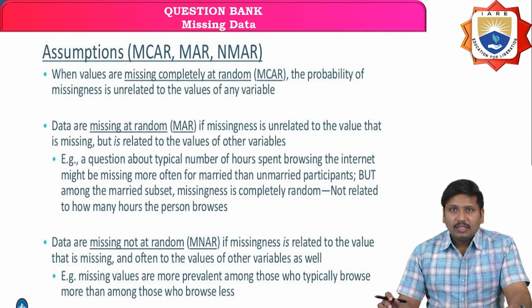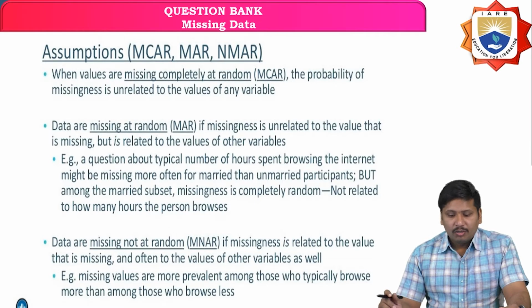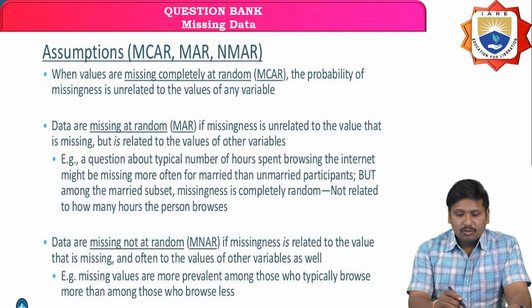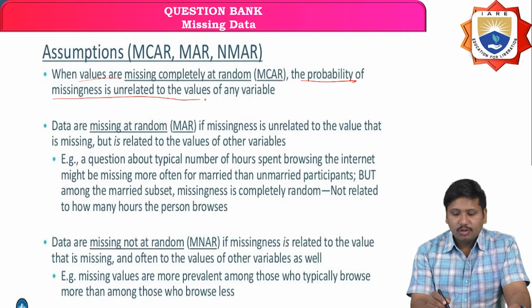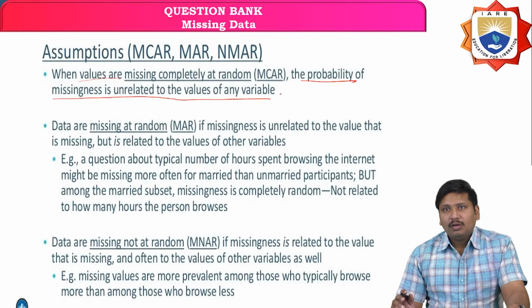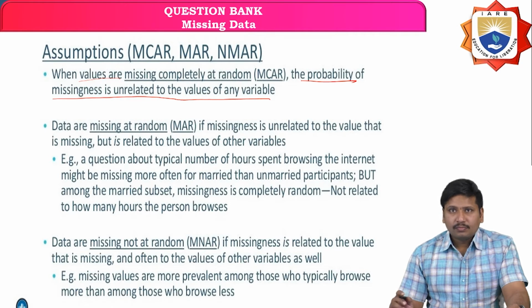So what are some of the assumptions we are going to make for missing completely at random, missing at random, or missing not at random? When values are missing completely at random, the probability of missingness is unrelated to the values of any variable.